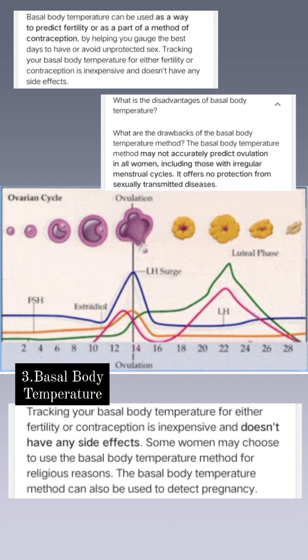Tracking your basal body temperature for either fertility or contraception is inexpensive and doesn't have any side effect. Some women may choose to use the basal body temperature method for religious reasons. The basal body temperature method can also be used to detect pregnancy.